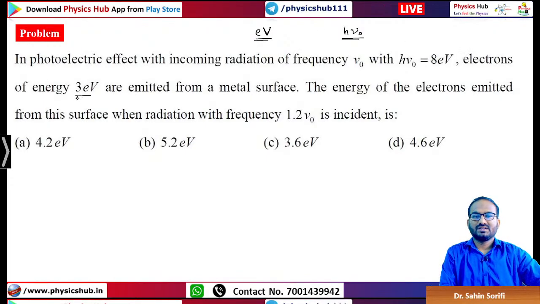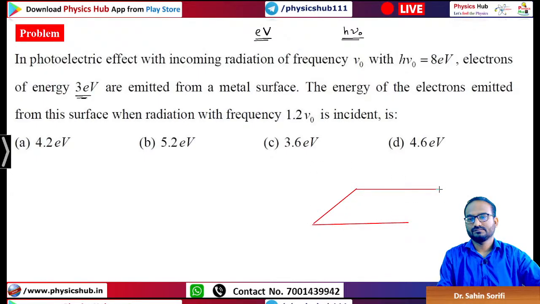Electrons of energy 3 electron volt are emitted from the metal surface. So you have, let's say, a metal surface like this. This is the metal surface. What you are doing is sending incoming radiation of frequency nu 0, so h nu 0 is given as 8 electron volt.